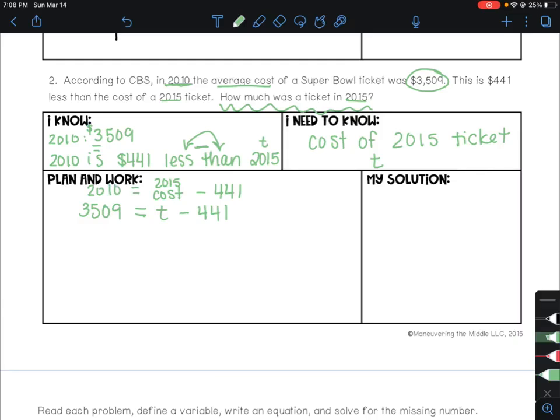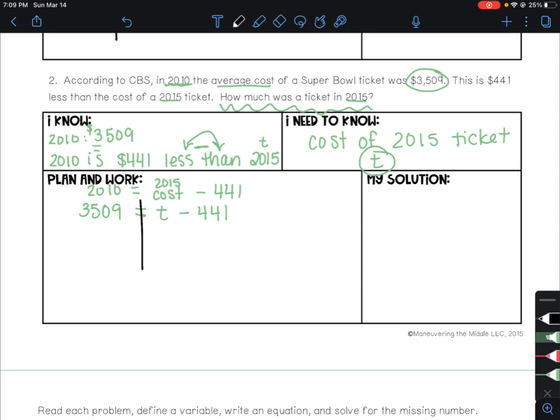So that's the structure of our equation. It came right from the sentence. The 2010 amount is, meaning equals, 441 less than, meaning subtract, but flip it around, the 2015 cost, which we called T.